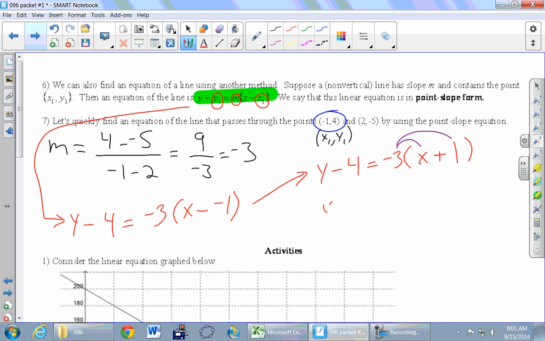So y minus 4 equals negative 3x minus 3, or plus negative 3. And then the last step, again, I'm trying to solve for that y, which means I've got to move this minus 4 over by adding 4 to both sides. So y equals negative 3x plus 1.